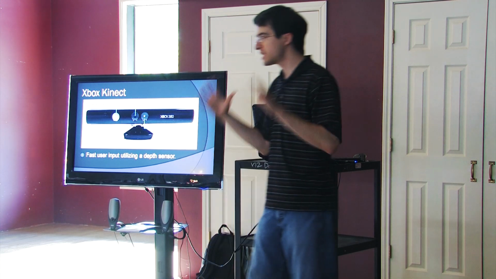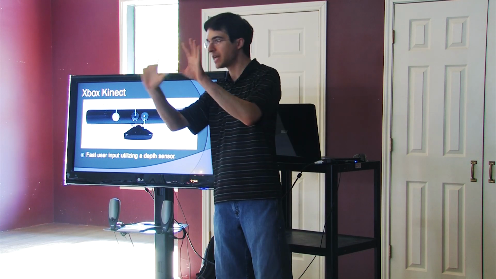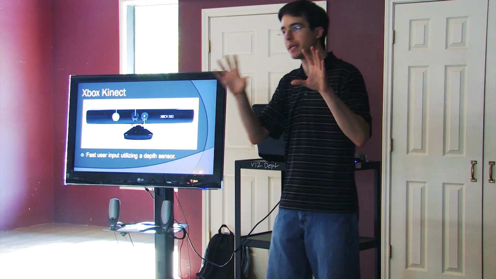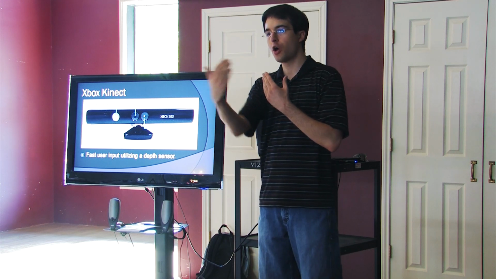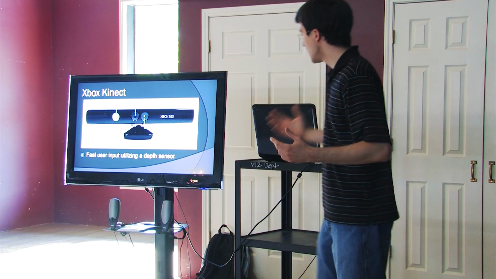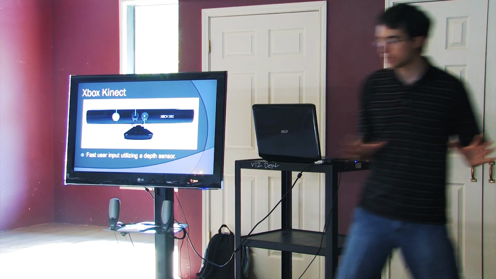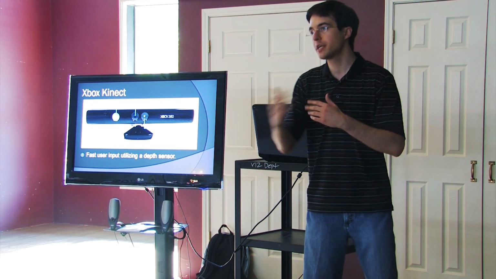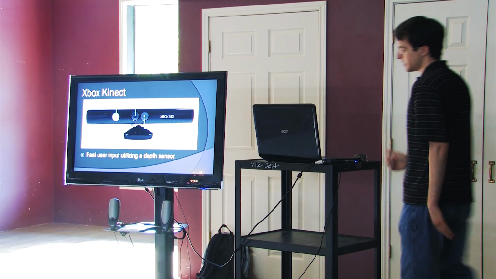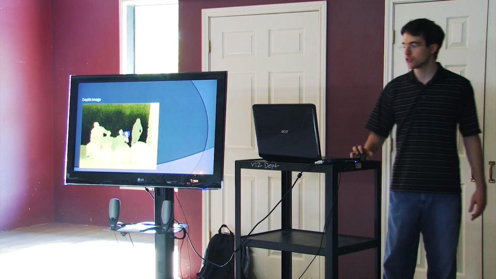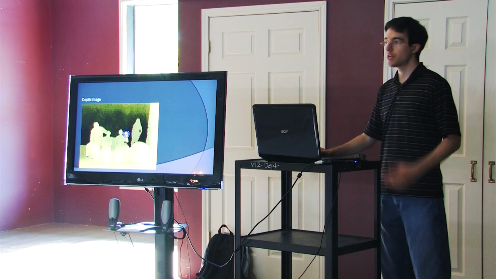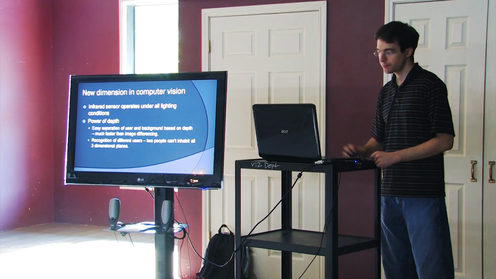So the sensor can read those dots and then triangulate the distance that people are from the camera. And that way you not only get position vertically and horizontally, but also in depth. So that allows us to generate an image of depth that we can then feed into our software and apply all sorts of functions to it.